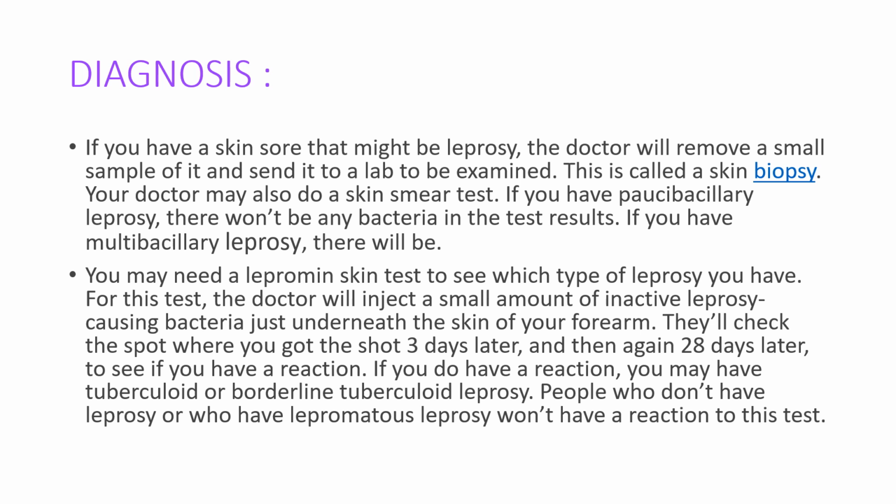If you do have a reaction, you may have tuberculoid or borderline tuberculoid leprosy. People who do not have leprosy or who have lepromatous leprosy won't have a reaction to this test.